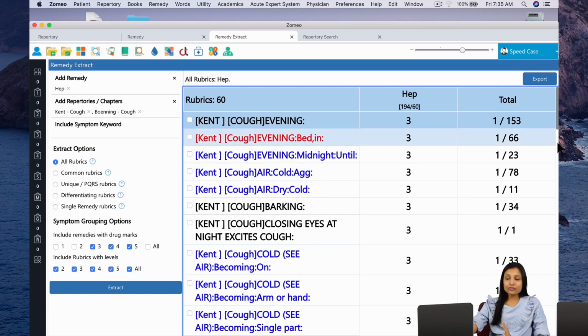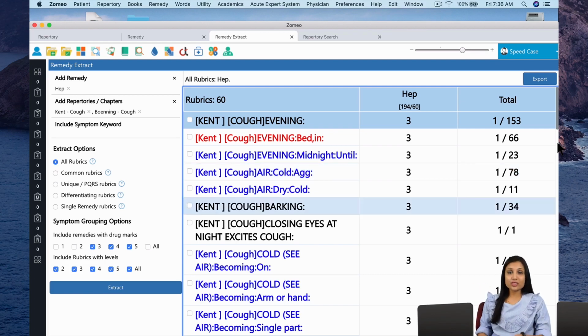So, cough in the evening, cough where the cold air aggravates. And now look at the nature of this cough. The nature of the cough is also like the nature of Hepar Sulph, to an intense degree, very, very harsh, very, very violent, and a very intense form of cough that causes pain in the ears and in the throat as well.